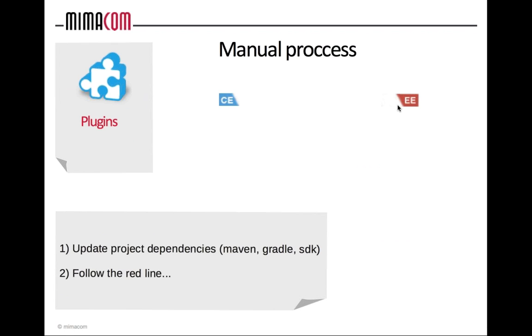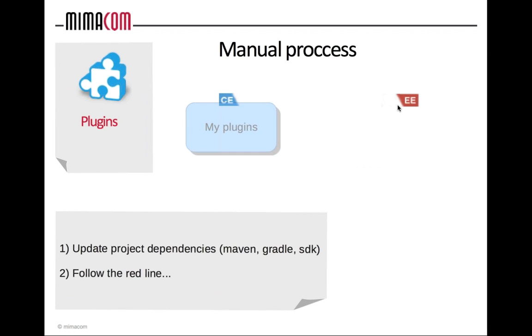And when we need to migrate also our plugins, if we are going to the newer version of Liferay, the steps are simpler than the previous one, because we don't need to update our plugins for all the versions, for the enterprise edition of our previous version, and then for the last version.